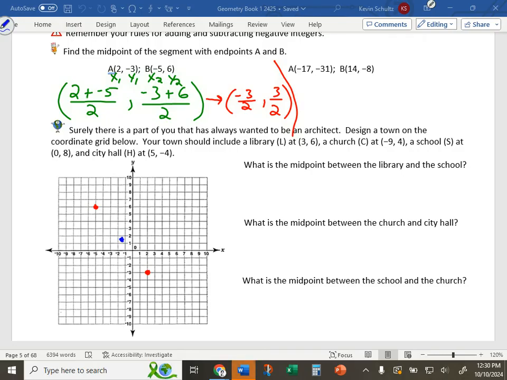Why is it in the middle? Because negative 1.5 is right here, and then positive 1.5 on the y is right here, or a little bit below 2. So when I plot those points, it ends up being right in the middle. It has to do with that half part of it.